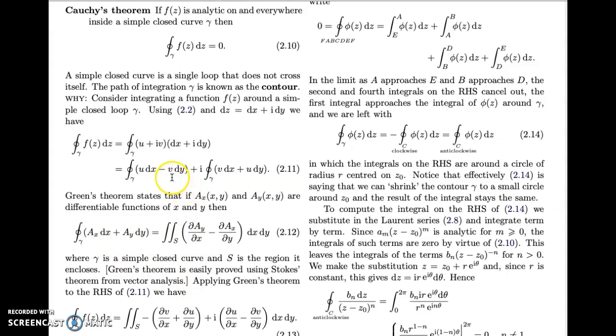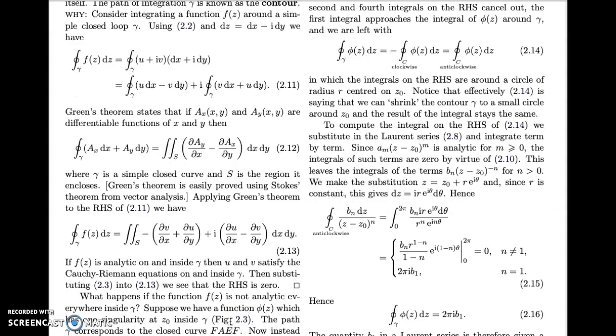And we've got a minus v for Ay, so that's going to give us minus dv by dx. So we end up with that for this term, and applying this to here, we've got v for Ax, so that gives us minus dv by dy, which we've got here, and then we've got u is equal to Ay, so that gives us du by dx, the plus sign. So that gives us this expression here.